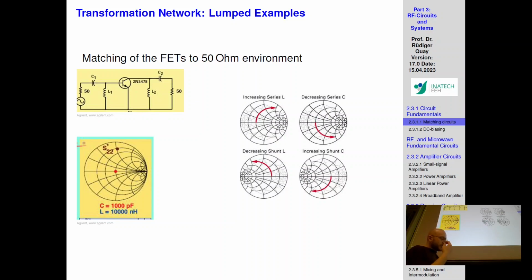That's in the capacitive part. What you have to do is then to add a bit of inductance. You move to the inductive part with this right circular movement, and then you add another parallel capacitive part. Why? Because you move from this lower part, you move a bit right.